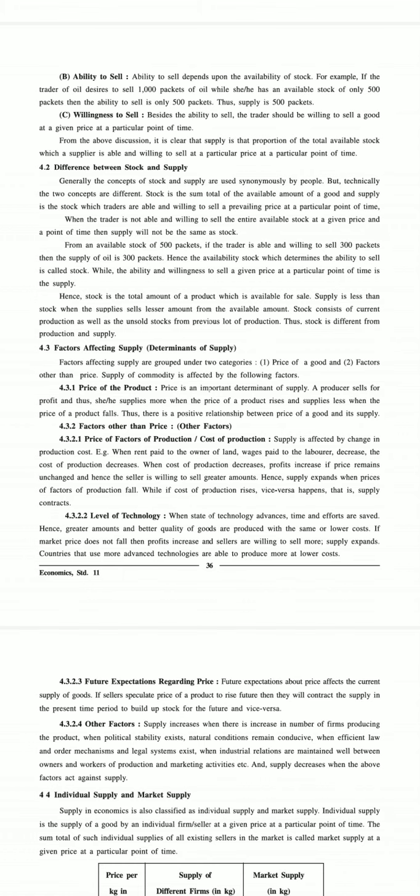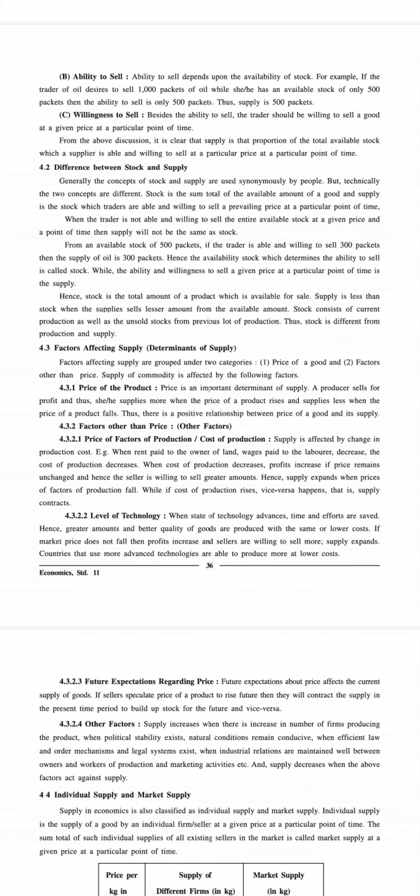In order to earn more profit, there has to be a difference between the price at which the commodity will be offered for sale and the cost of production. If the cost of production decreases, then the profit will increase if the price remains unchanged. So the seller is willing to sell greater amounts, and vice versa. If the cost of production increases, then the profit will decrease.